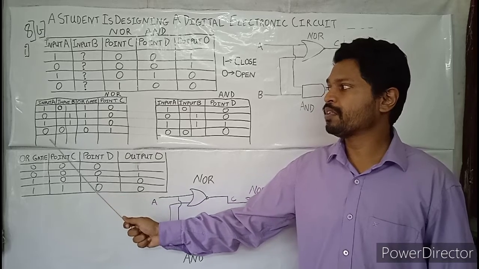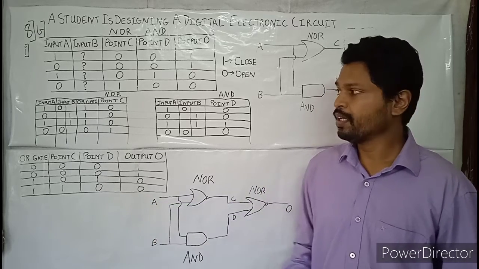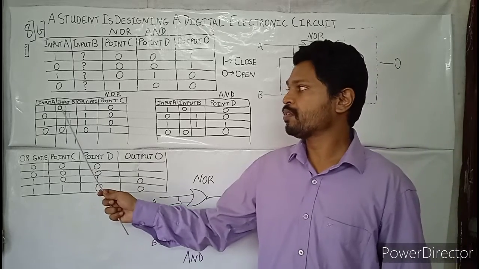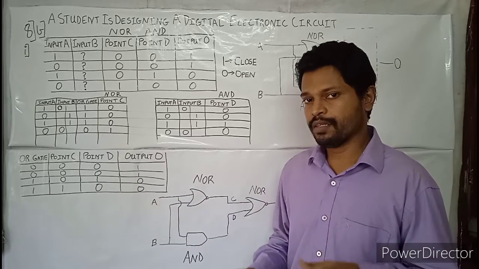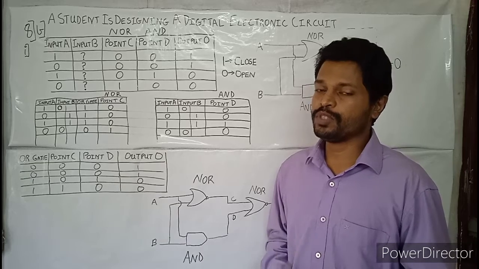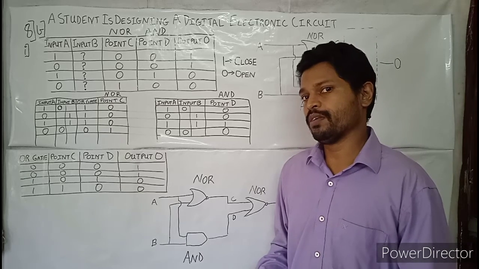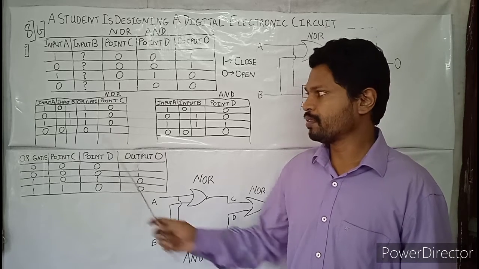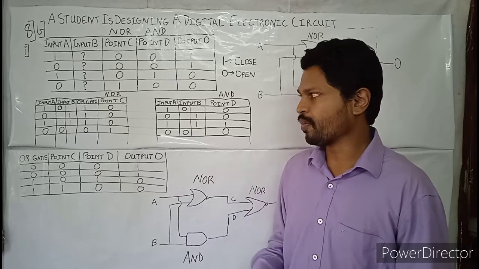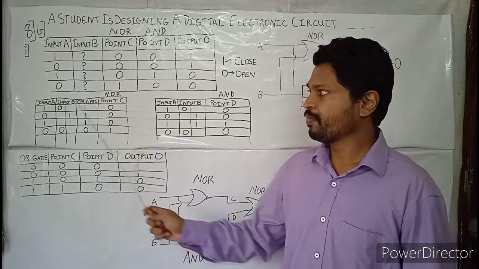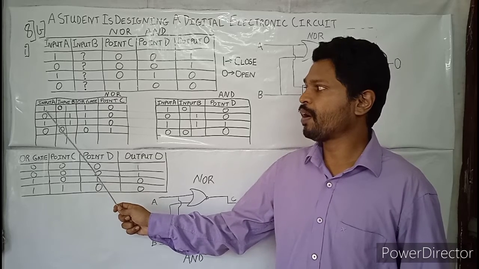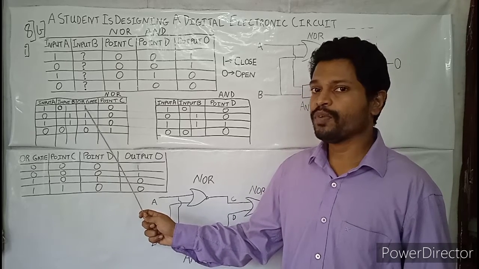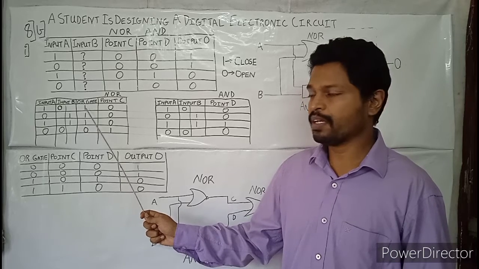This column is given in the question. This is empty. So there are two values we can give in input A. Either you can substitute 0 or you can substitute 1. Those are the two things you can substitute over here. So if you substitute 1, 1 1, the OR gate will give you the answer 1 itself.